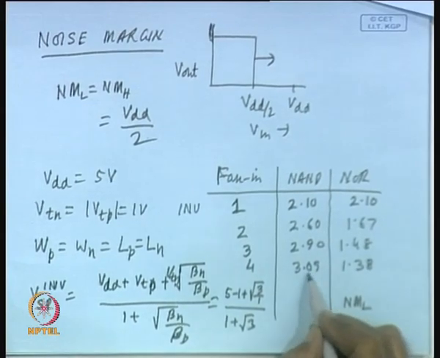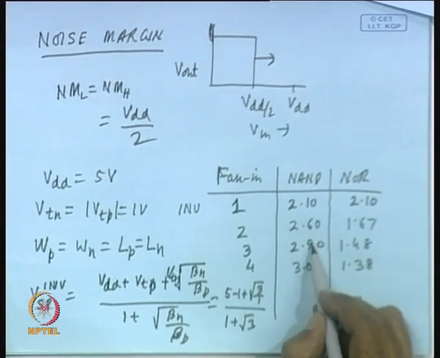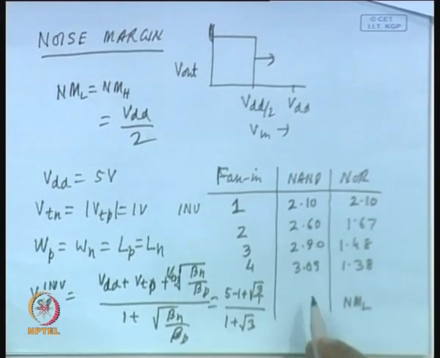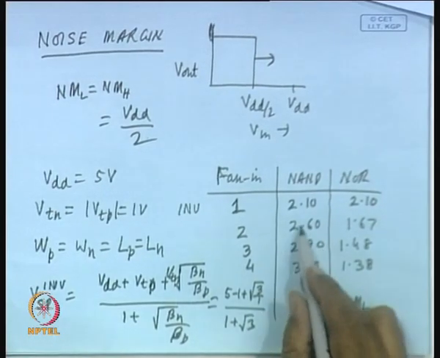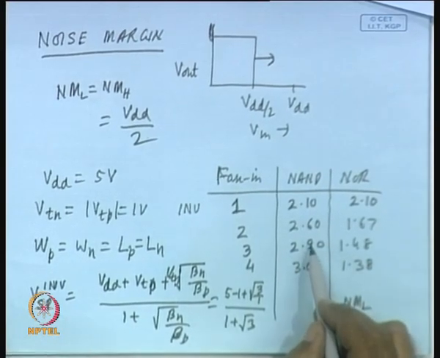But here it is not that much affected; it is affected definitely, but whenever the fan in is 2 or 3, it is very close to the middle, there is a small difference. So, noise margin low or high is not affected much. In other words, the noise margin of a NAND gate is less affected than the noise margin of a NOR gate whenever you increase the fan in.